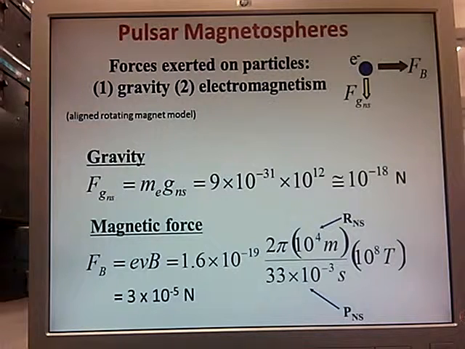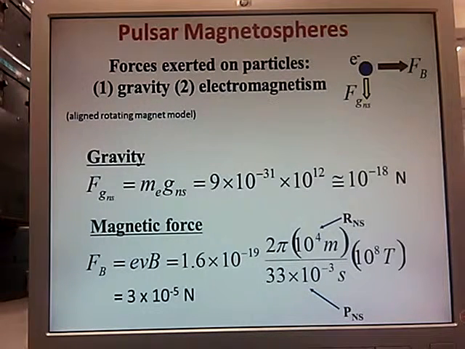On the other hand, the magnetic force is going to be the charge, the elementary charge e, times the velocity crossed into B. We'll consider the maximal case, where v cross B is just v times B, so they're perpendicular.